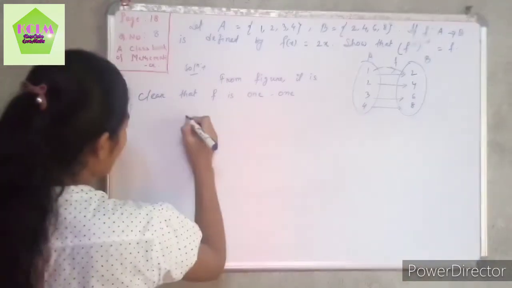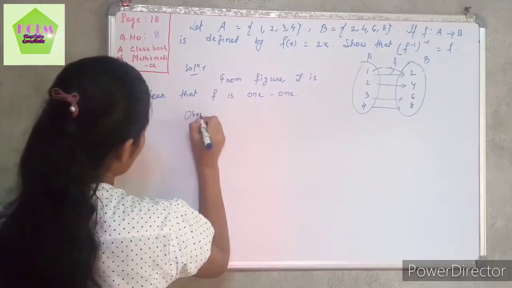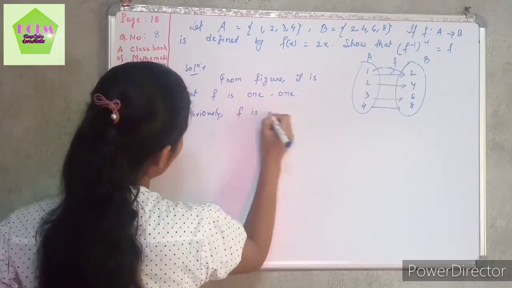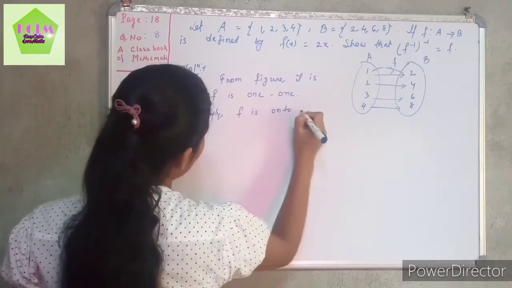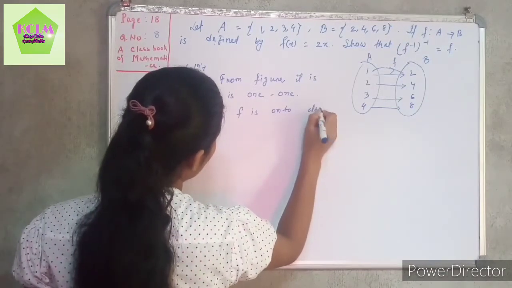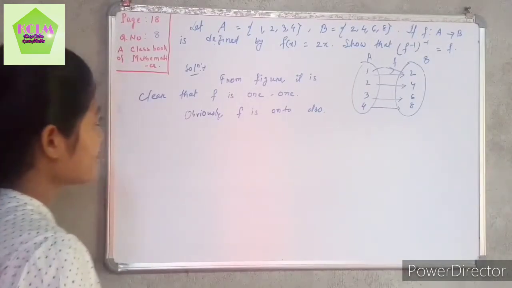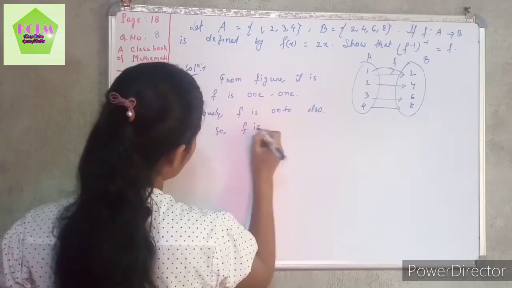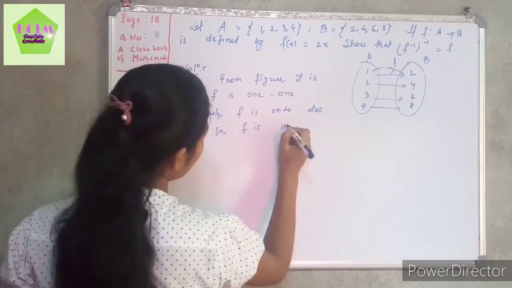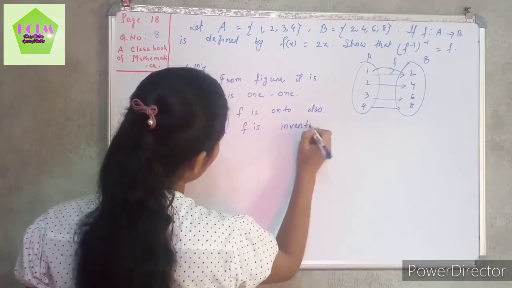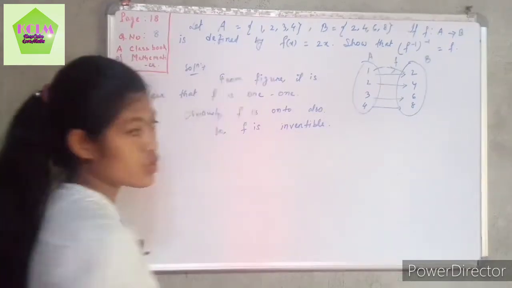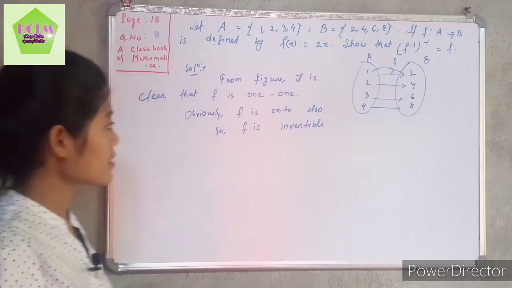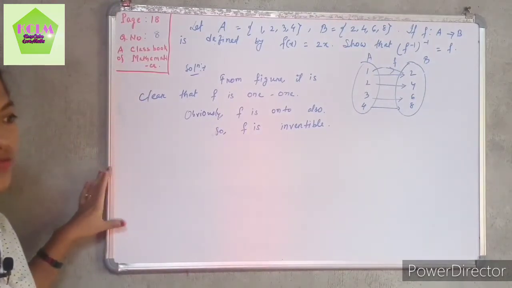Therefore, obviously f is onto also, right? So f is invertible, because we all know that if a function is both one-one and onto, then it is invertible and the inverse of this function exists.